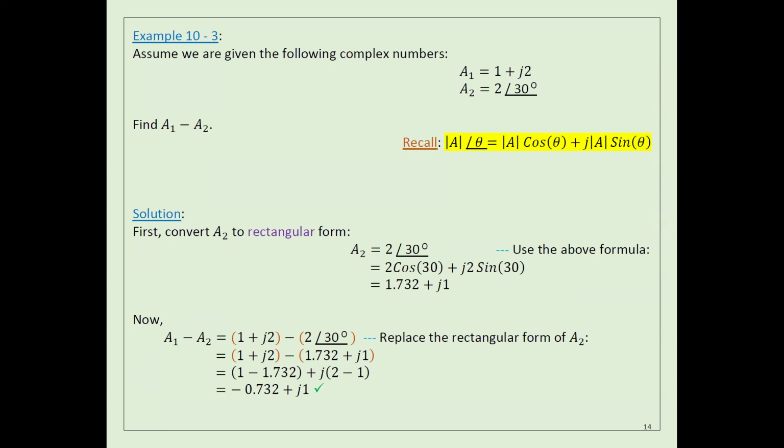When you do the subtraction, the minus is distributed here: this one minus, this one also minus. So it should be 1 minus this real part, real from real, and imaginary from imaginary, so here j2 minus 1. Any questions?